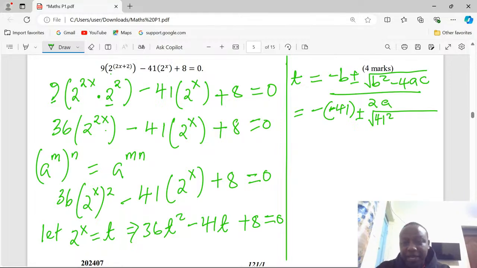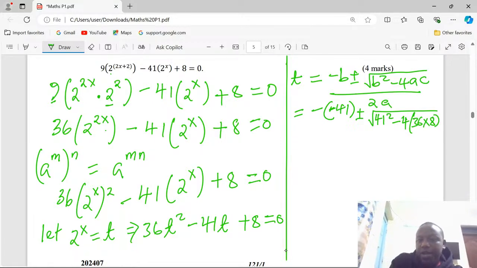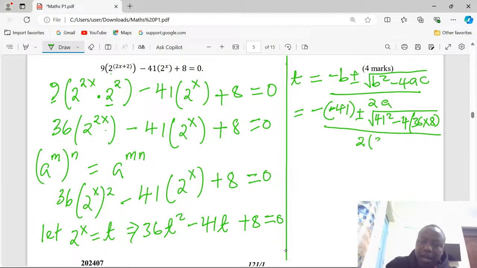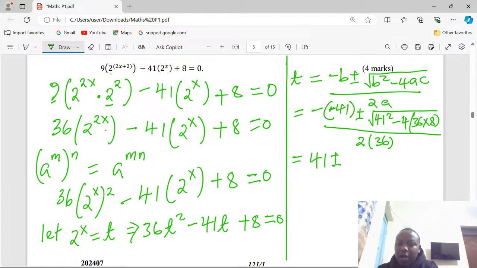Negative 41 in brackets squared minus 4 into a, which is 36, times c, which is 8. Then we divide this by 2 multiplied by 36. So we'll be having 41 now, plus or minus. Let me work out 41 squared. Then I subtract 4 multiplied by 36 multiplied by 8.